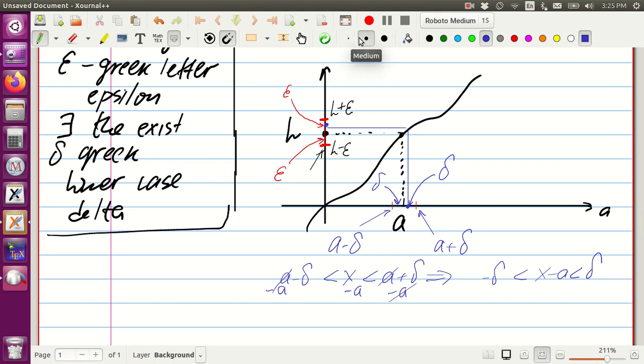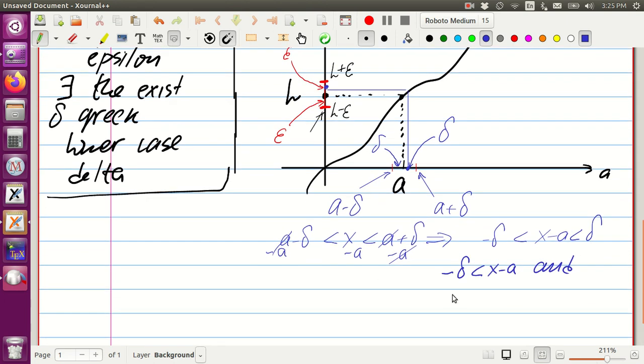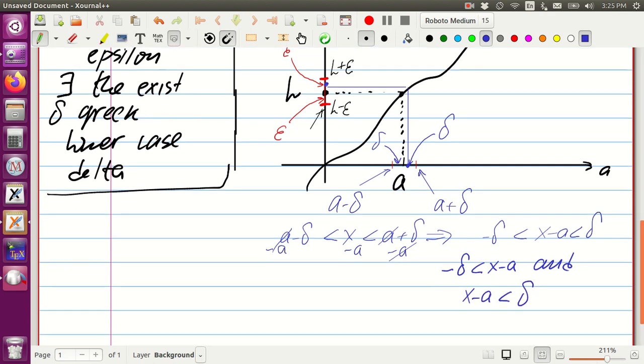But basically this means negative delta is less than x minus a, and x minus a is less than delta.